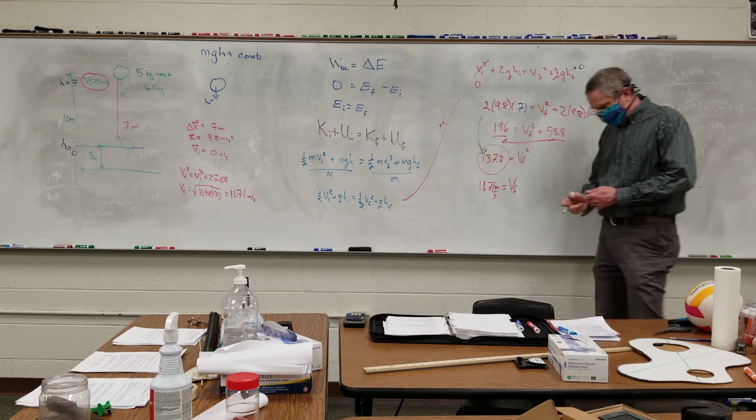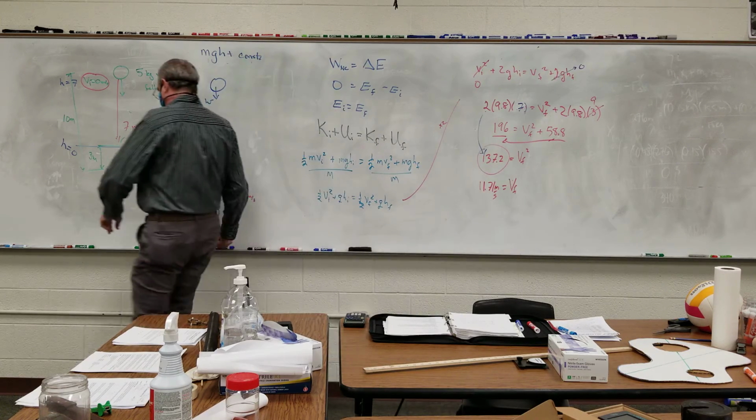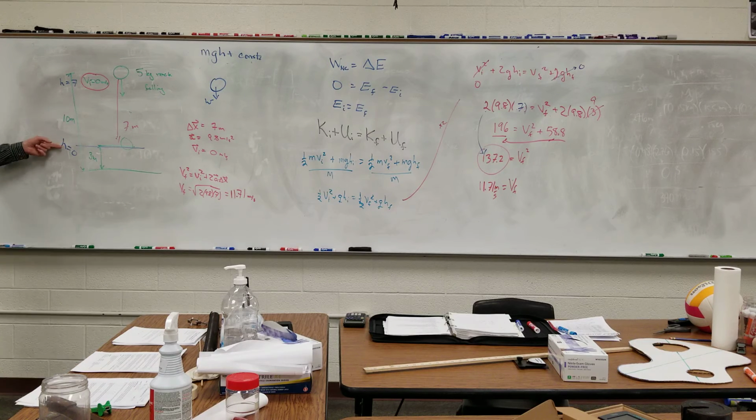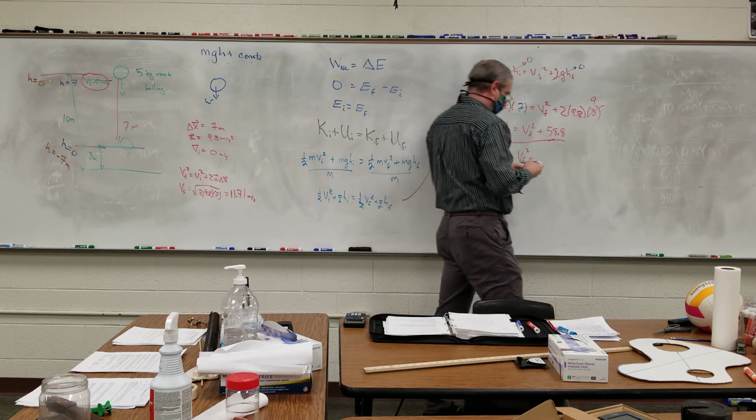Or, instead of setting height equal to 0 here, I can set height equal to 0 here. So if I made that height equal to 0, then my final height is negative 7 meters. In which case, this becomes 0.